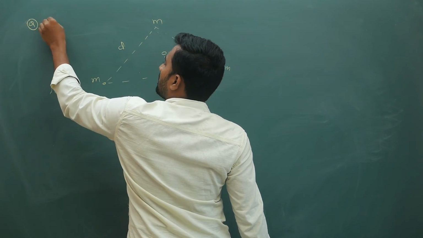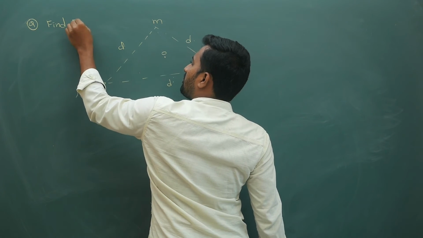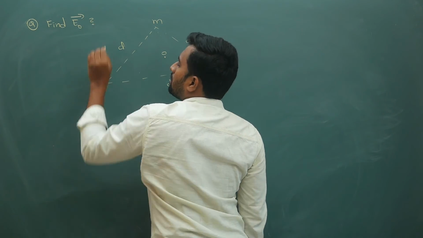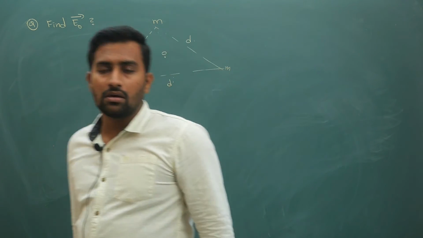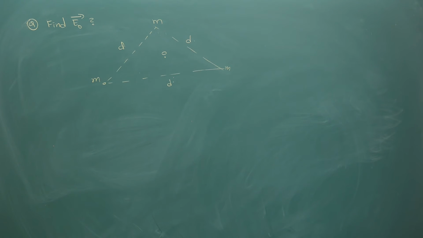Find the field at O. Find E O, that is your question. You are supposed to find out the gravitational field at point O. Give it a try, 1 minute time. I will explain the solution.